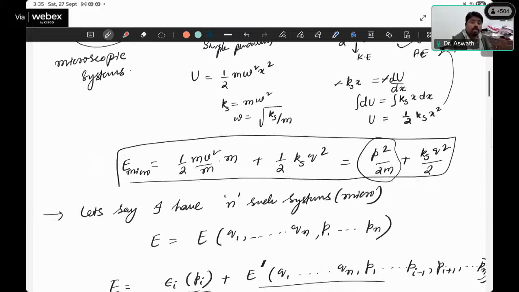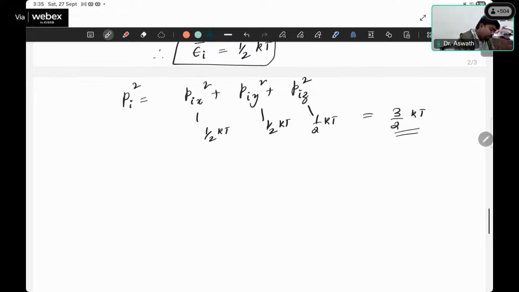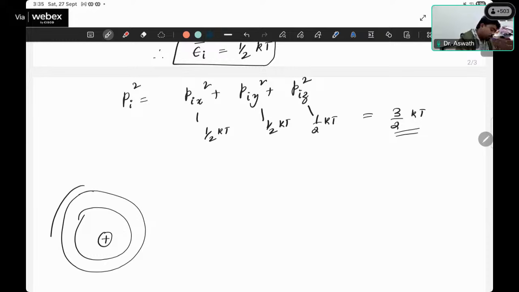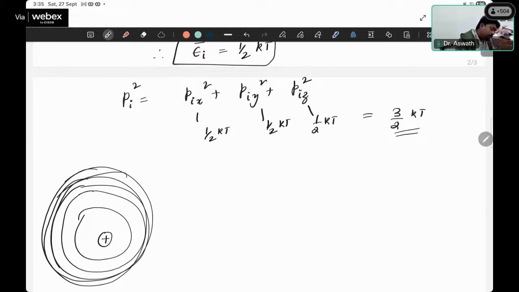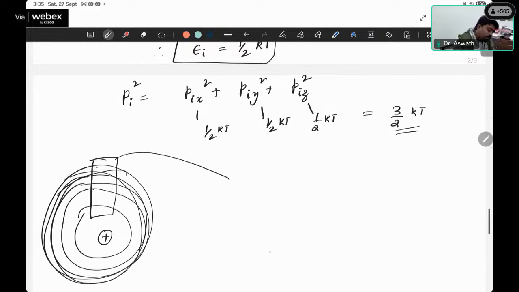How do I assess the situation? Let's say you take a nucleus, with orbits around it. As you go further and further out, the orbits are very close. If you take a snapshot and plot it, the initial levels are very far apart, while later on the levels are very close.